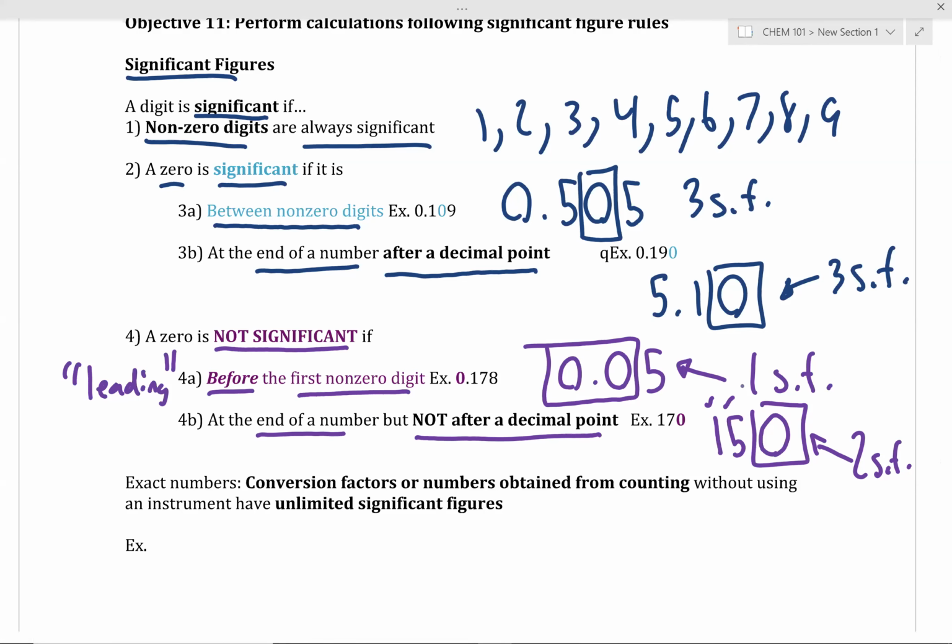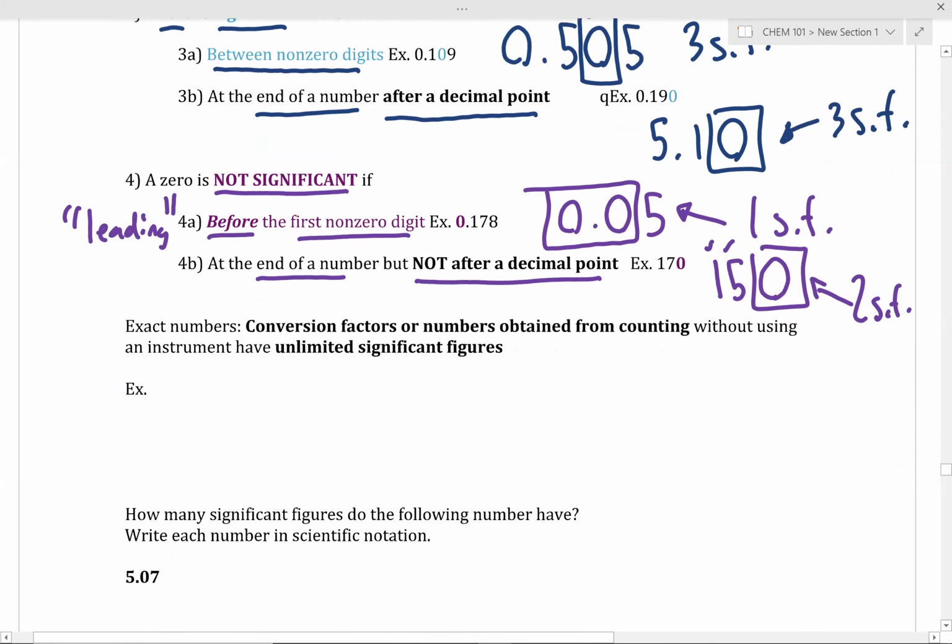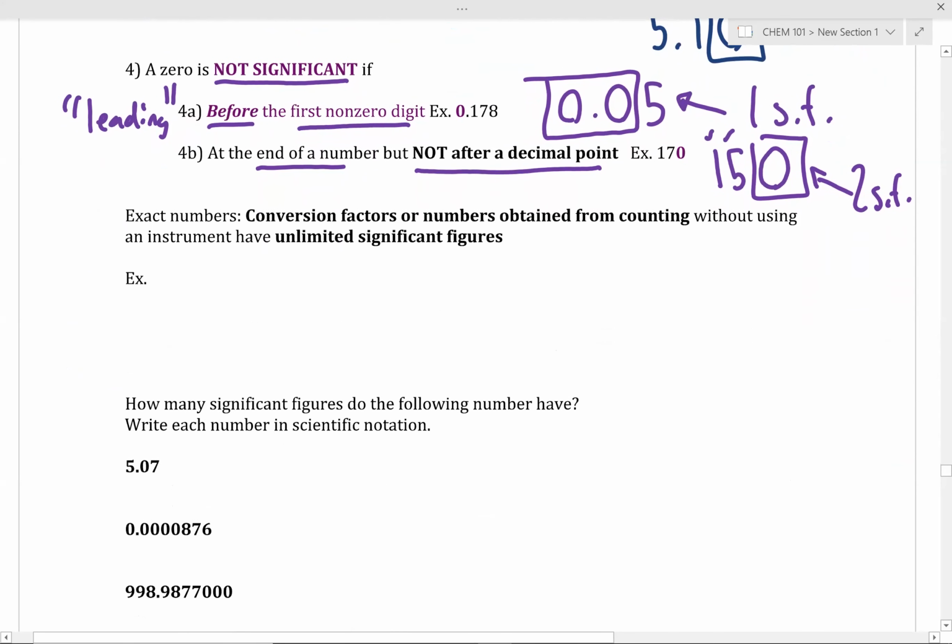So there is a special subclass of number that we need to pay special attention to with regards to counting significant figures. We call these numbers exact numbers. So conversion factors, or numbers obtained from counting without using an instrument, have unlimited significant figures. We call these exact numbers.